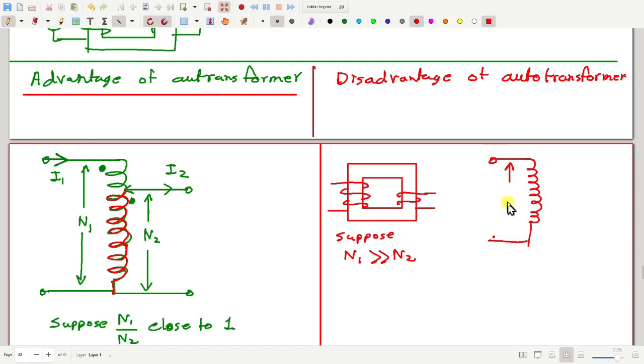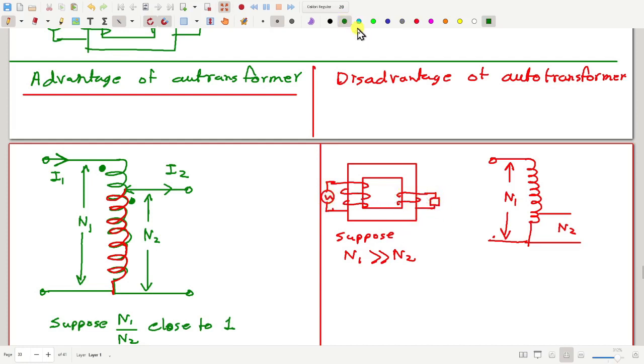So this is N1 and this is N2. Basically this is a step down transformer, and we are lowering the voltage significantly.